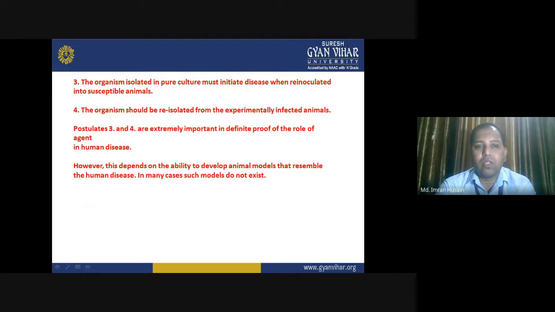Postulates 3 and 4 are extremely important in definite proof of the role of an agent in human disease. However, this depends on the ability to develop animal models that resemble the human disease. In many cases, such models do not exist.